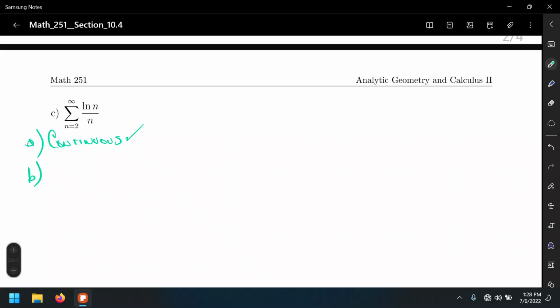Letter B. Is this positive? Yes, it's positive. Think of every possible input on the interval 2 to infinity. The output, regardless, is always going to be a positive value. And letter C, the tricky one: is it decreasing?